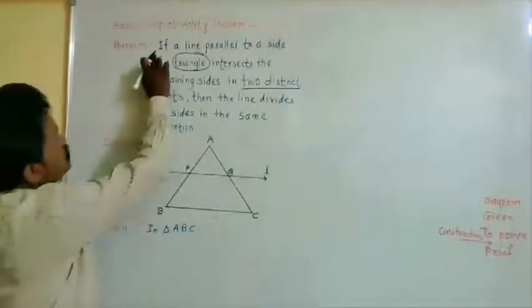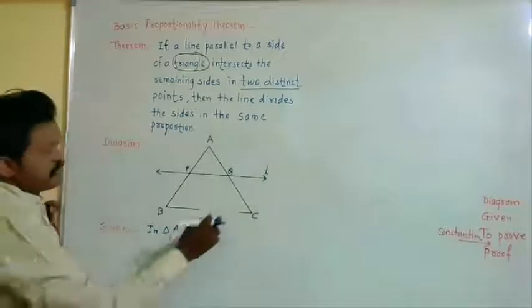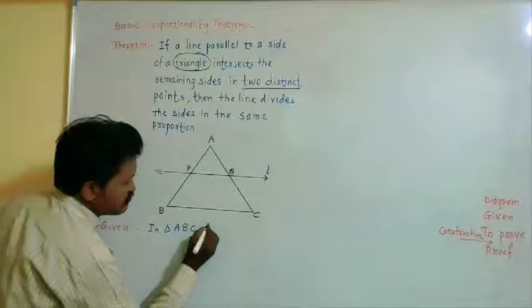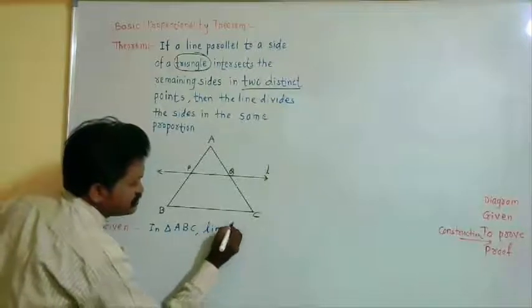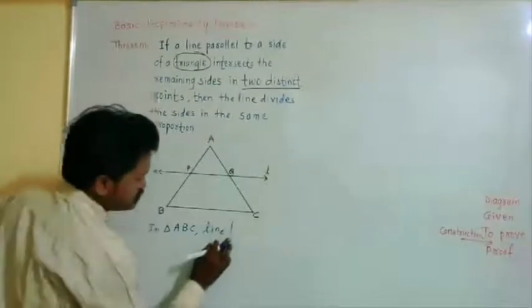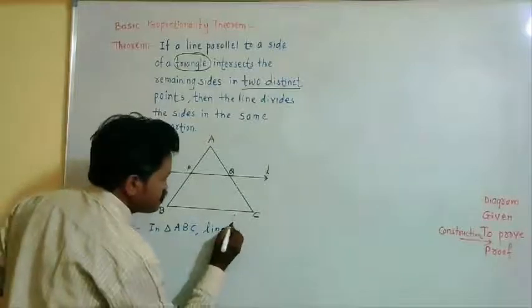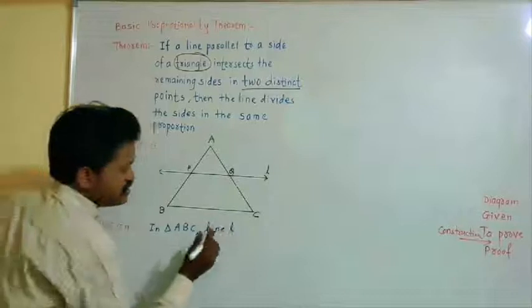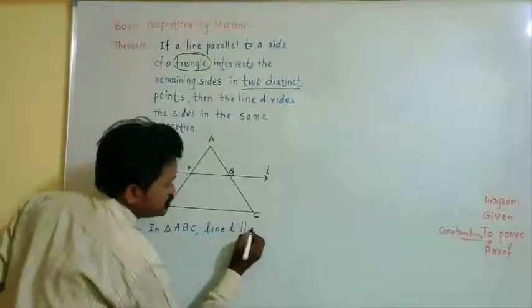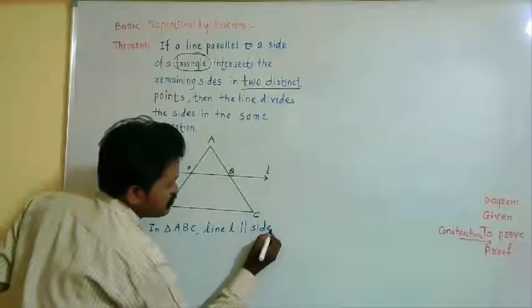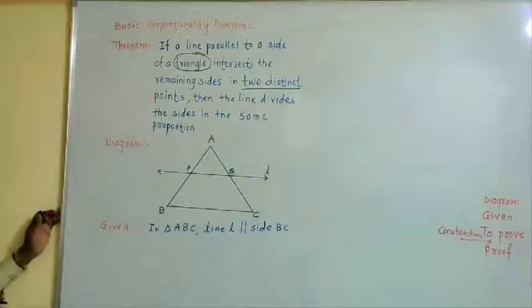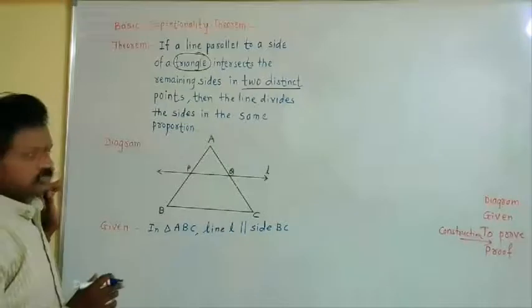So look here, sir, which is the line? Line L parallel to BC. So I write here, sir, line L. So we write a line L parallel to side BC. So that is one statement of this given.